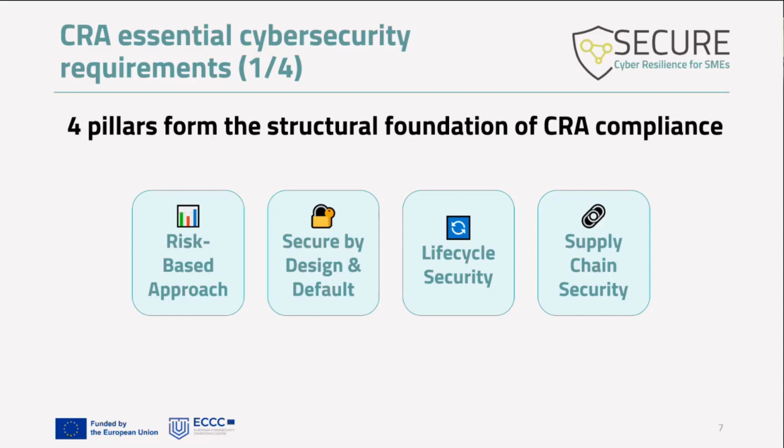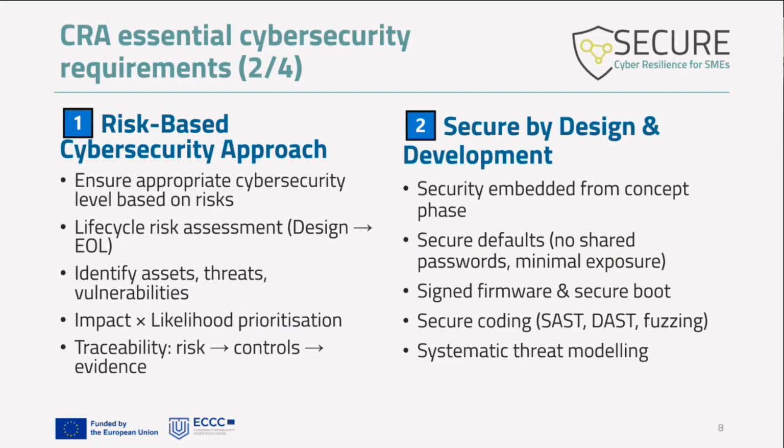Products with digital elements must ensure an appropriate level of cybersecurity based on identified risk. This means cybersecurity cannot be generic or universal. Manufacturers must systematically assess risk across the entire product lifecycle, from design to end of life.